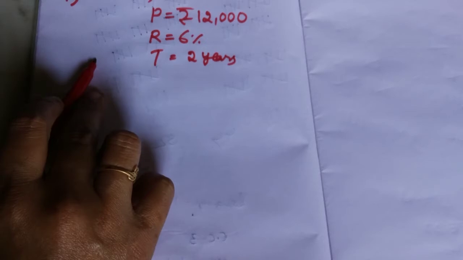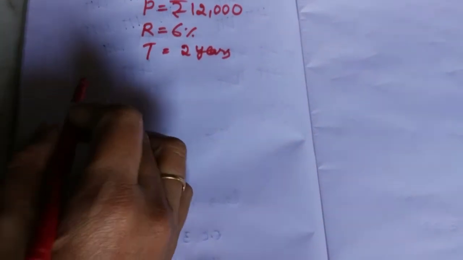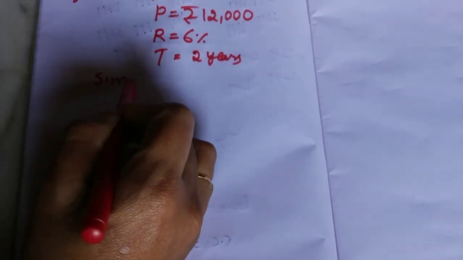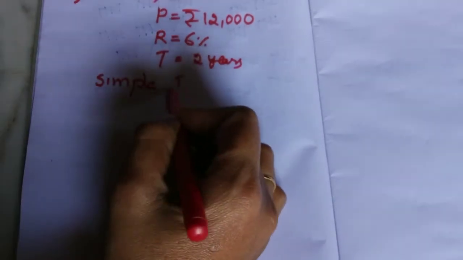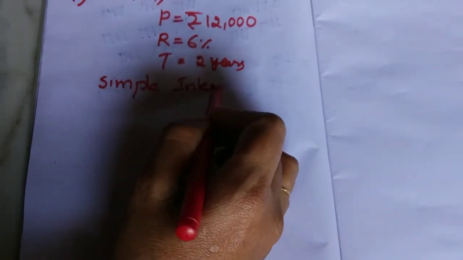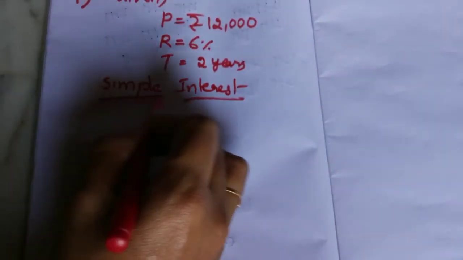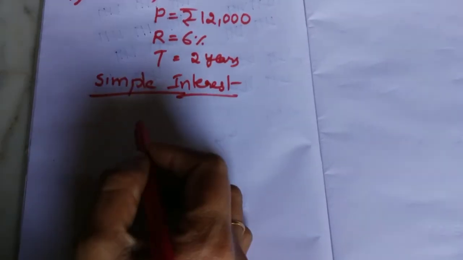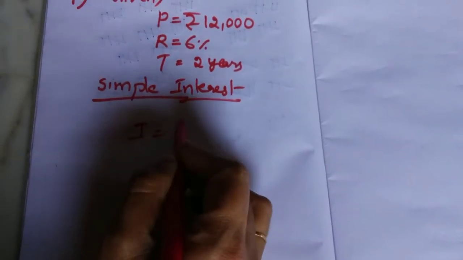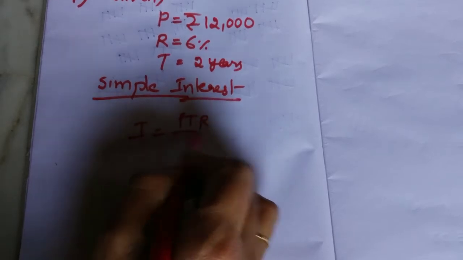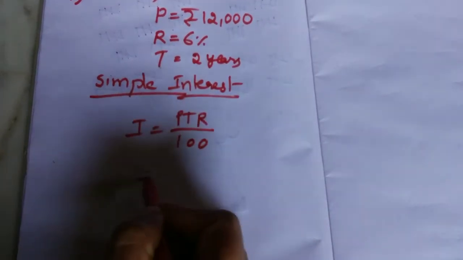Now by simple interest first we will find. For simple interest, first find interest. I is equal to PTR by 100.